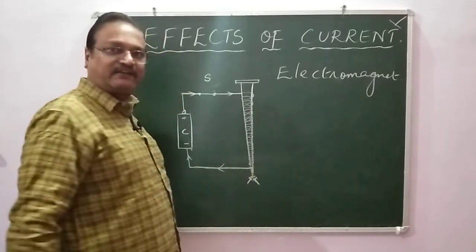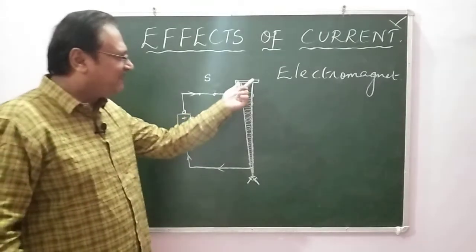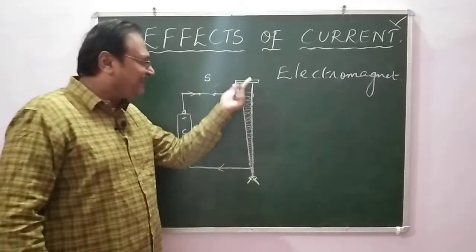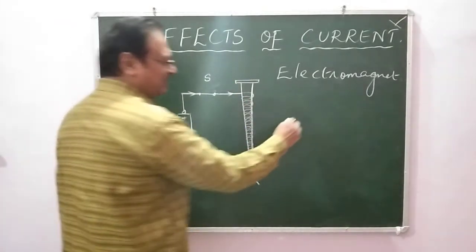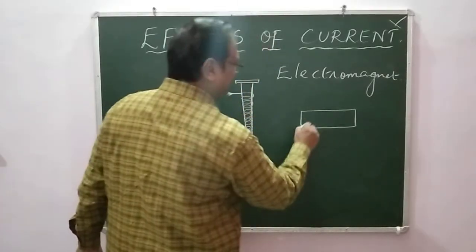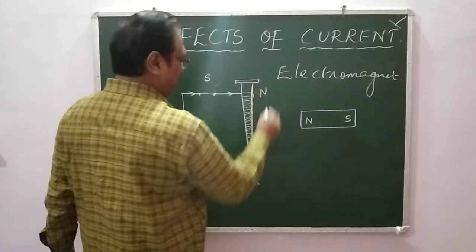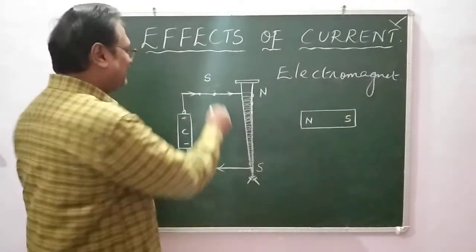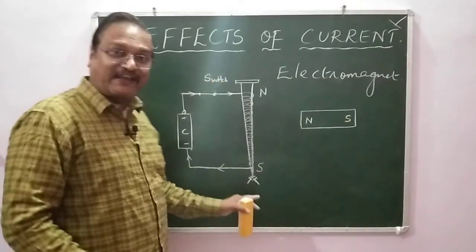How can they get attracted? Because the iron nail has become a magnet. Just like a bar magnet with the North Pole and South Pole, this also will have a North Pole and South Pole, and it is attracting. This S is the switch.